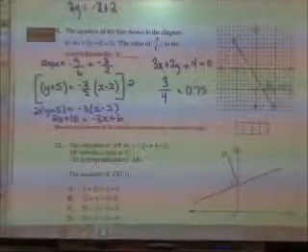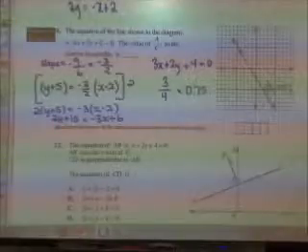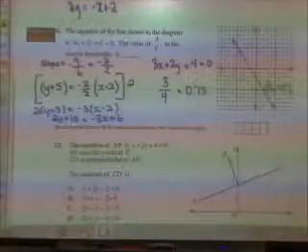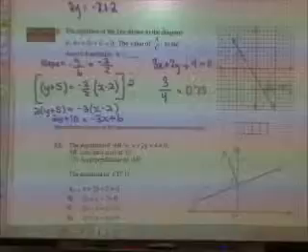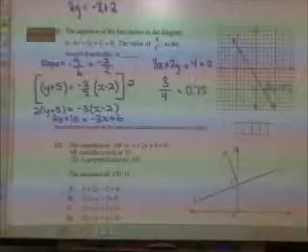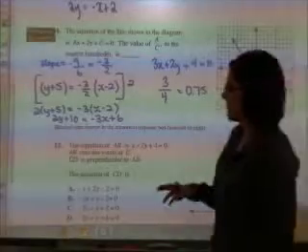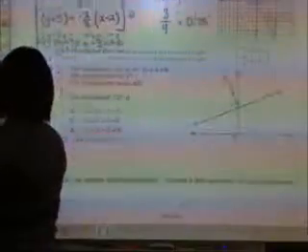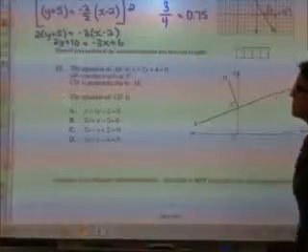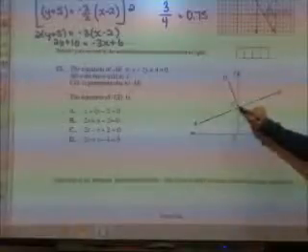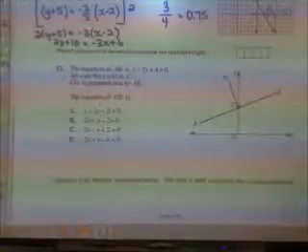Question number 12, the equation of AB is x minus 2y plus 4 equals 0. AB cuts the y-axis at C, and the line CD is perpendicular to AB. So we're asked to find the equation of CD. What can you tell me about this point right here?